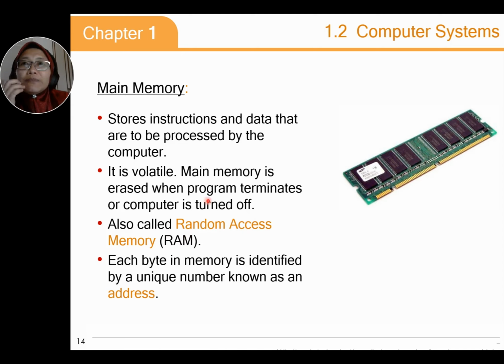It's called random access memory. When there's no electricity, or when the program terminates, or when the computer is turned off, all of the data being kept here will be erased. Each byte in memory is identified by a unique number known as an address.